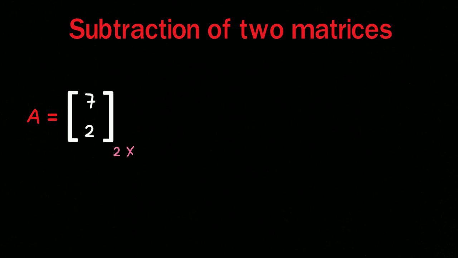For subtraction of matrices, it is actually the same. First, we must make sure that the order is the same. So let's say we have matrix A with elements 7, 2, so it is a 2 by 1 matrix, and matrix B with elements 5, 3, so it's also a 2 by 1 matrix.